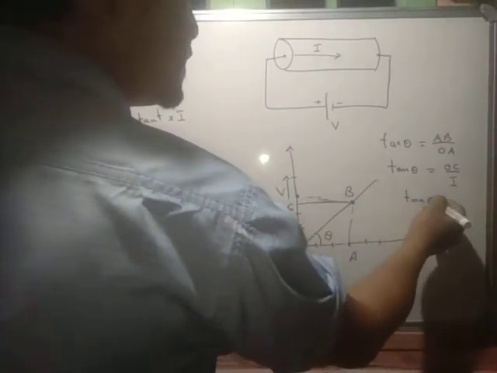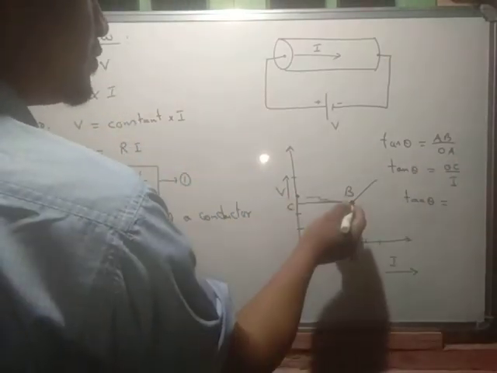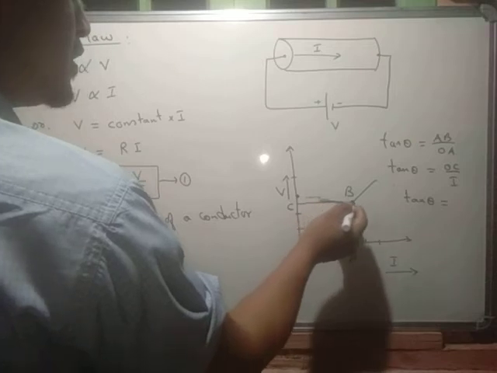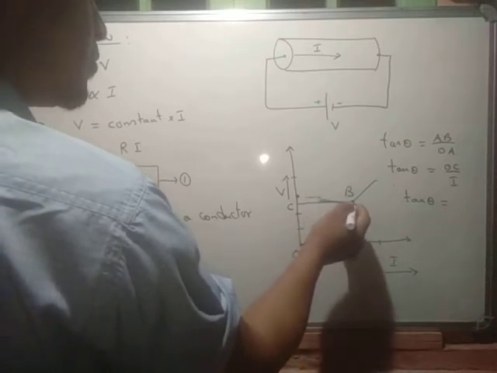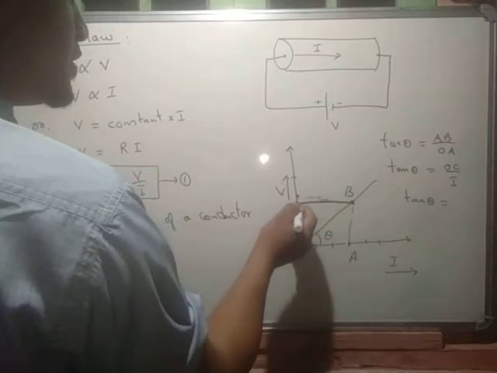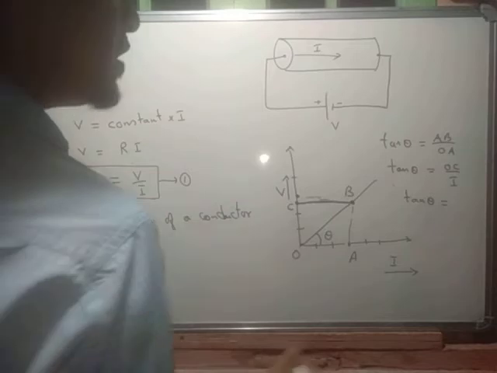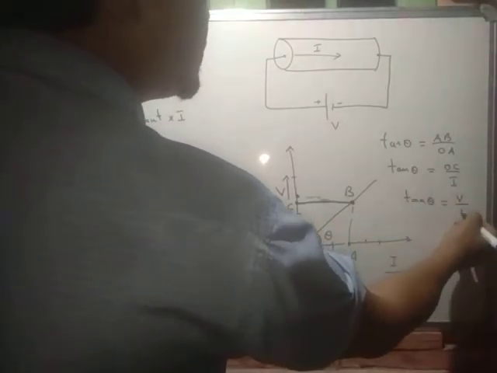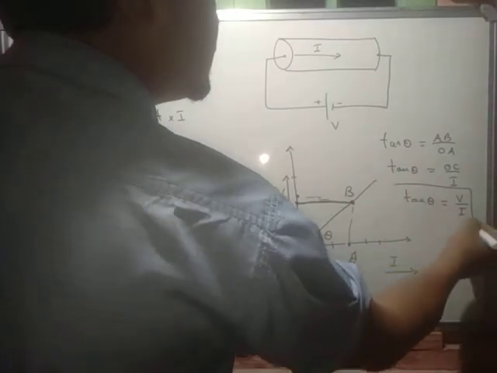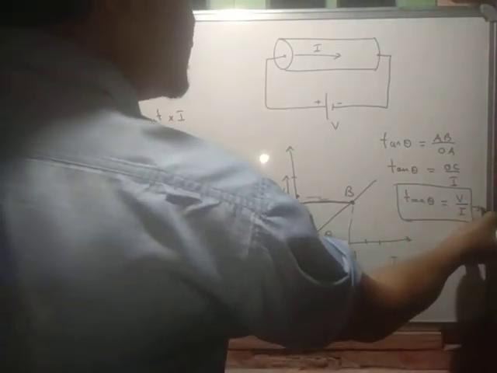Again, tan theta is nothing but OC upon OA. OC is a point obtained by dropping a perpendicular on the y-axis, so at this point you get a particular value of potential difference, which we write as V. So this tan theta is equal to V upon I.